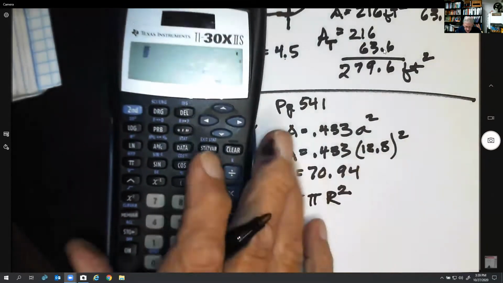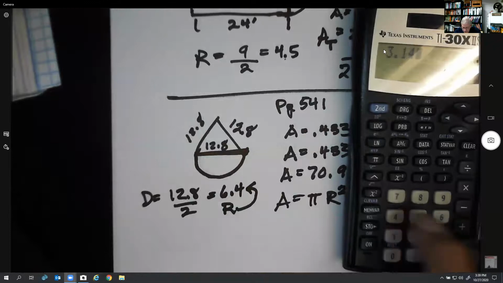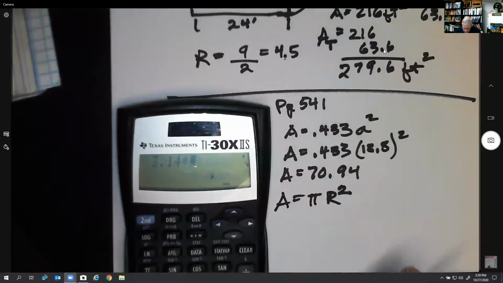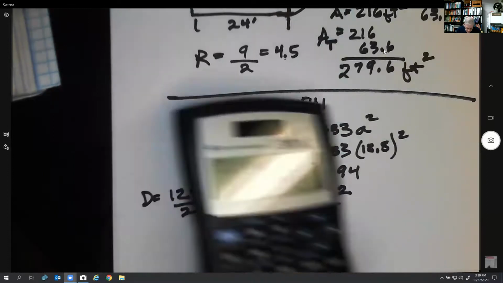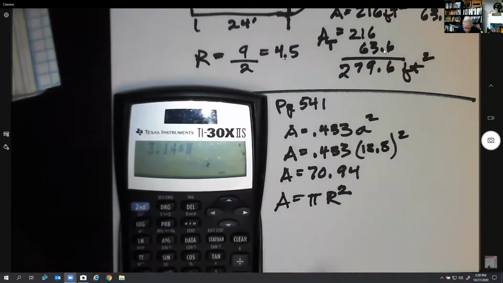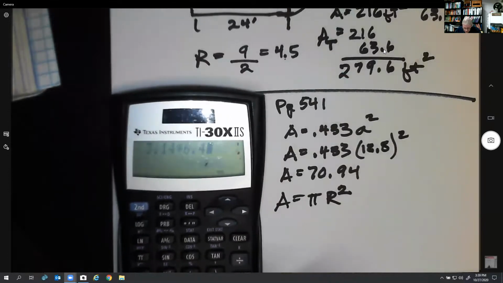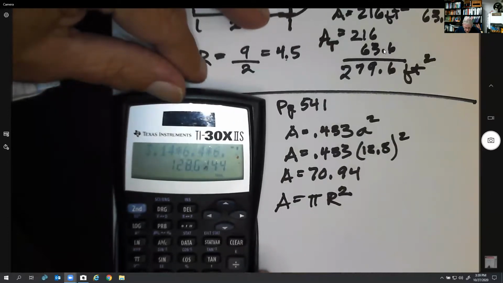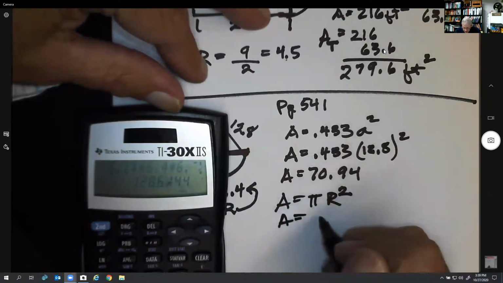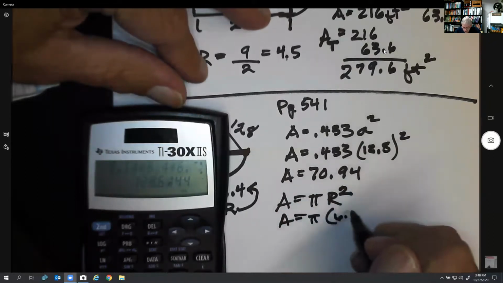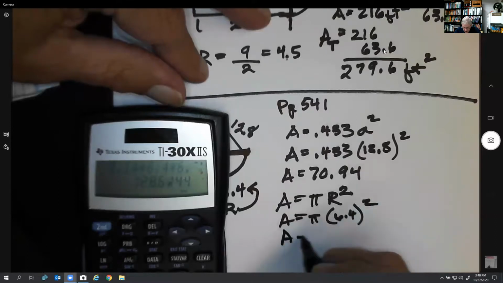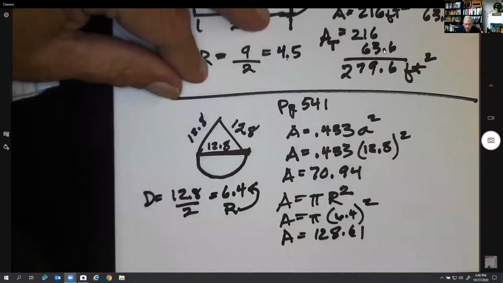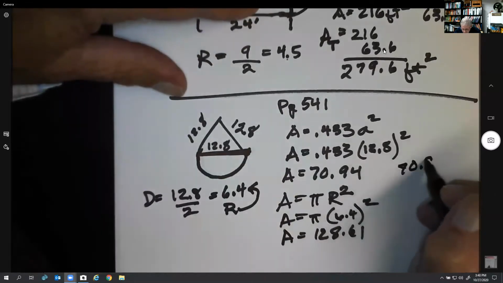So we're going to take 3.14 times, trying to find a good spot for this, times, what is it? 6.4 times 6.4. And we come up with 128. I'm going to write that down. Area equals 128.61.